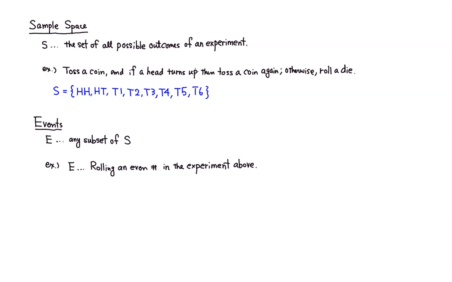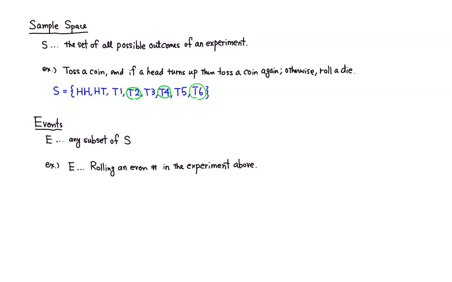And there's also a term called an event. An event is just any subset of a sample space. So for example, using the same experiment, an event could be rolling an even number. Rolling an even number, we could do T2, T4, and T6.